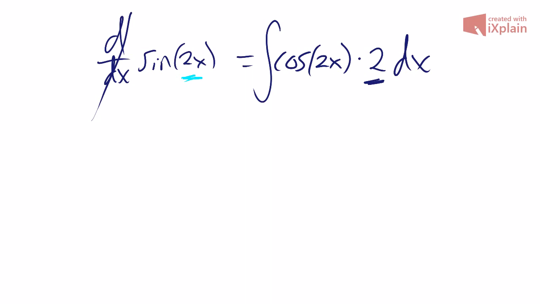All right, so let's look at another example. If I want to find the integral of cosine of 5x dx, now, again, if I wanted to find the derivative of cosine of 5x, I'd have to use the chain rule.